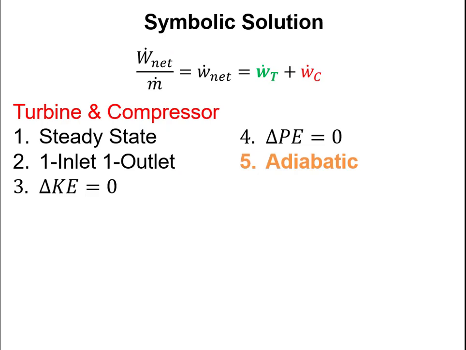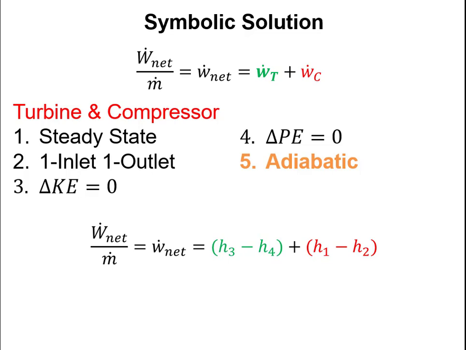So first I want to find a symbolic solution. I'll look at every different component in my system and do a first law analysis. I'll make different assumptions for the turbine and the compressor than for the heat exchangers, because I know that the turbines and compressors are adiabatic. For those components, we know that W dot over m dot is delta h.